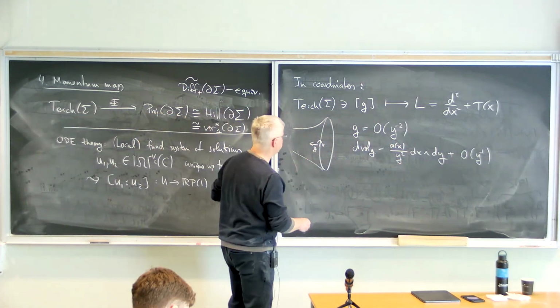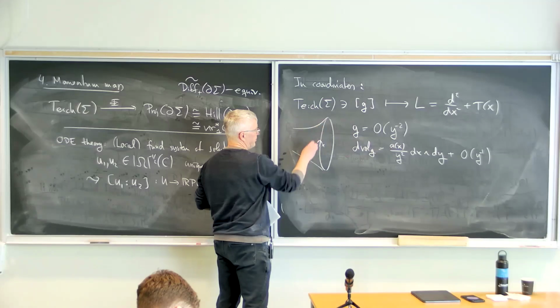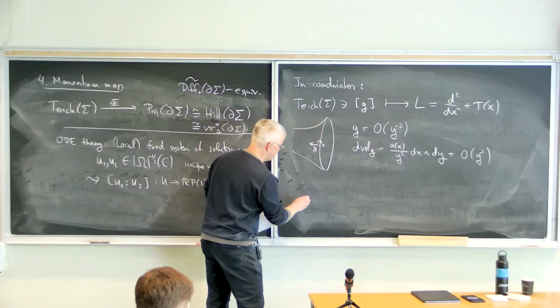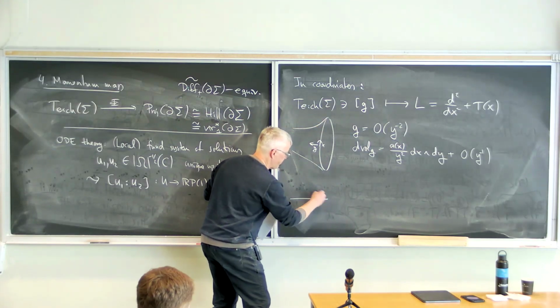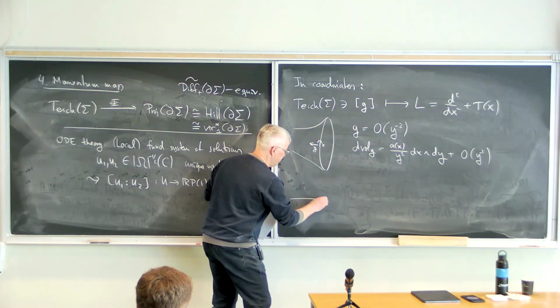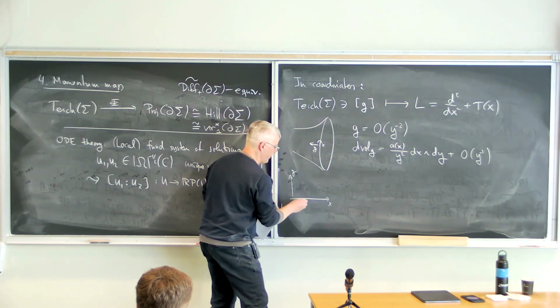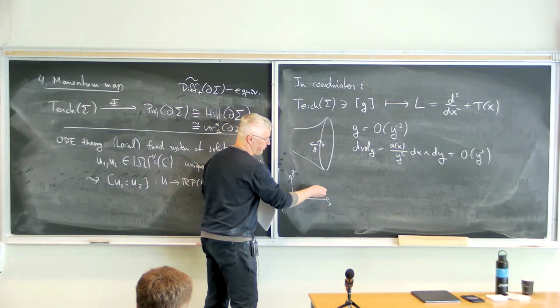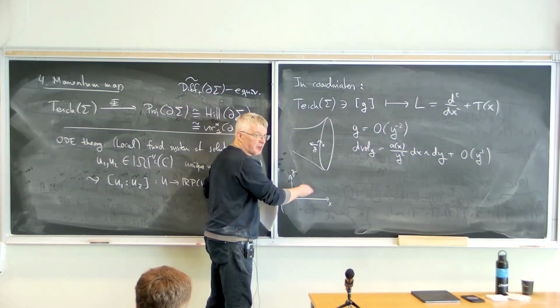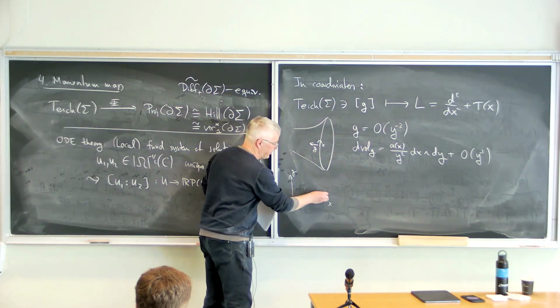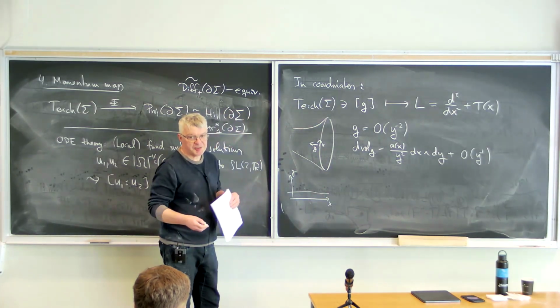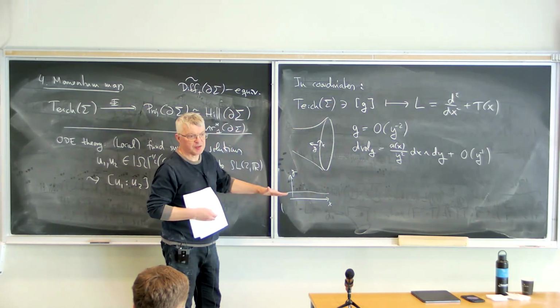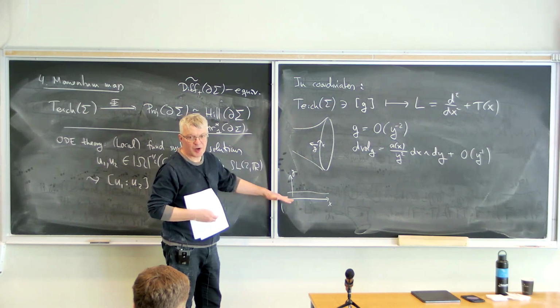Another ingredient: maybe I draw this part of the picture in the upper half plane. So this is x and this is y. It's well known that if you look at the hyperbolic metric on the upper half plane, the lines y equals constant are not geodesics, but instead they have geodesic curvature equal to 1.